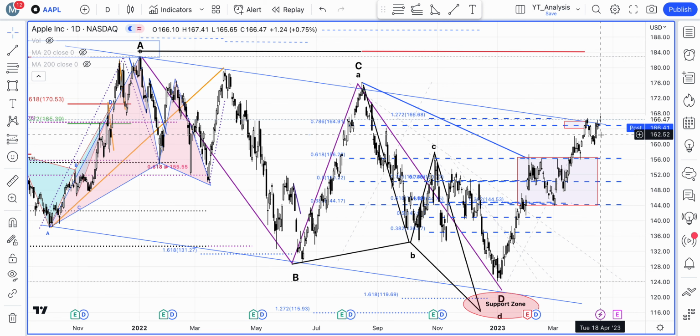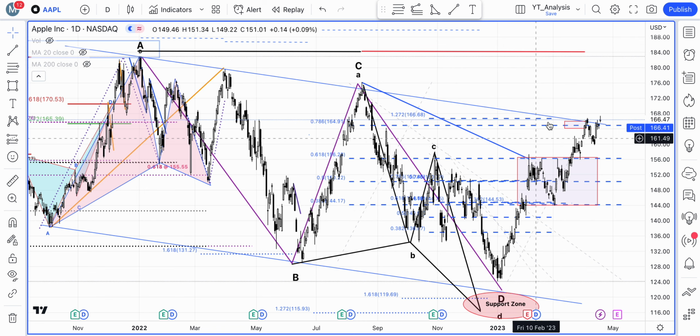The high reached was $167.41. However, it closed at $166.47. Still quite strong. So perhaps it could be a double top formation here? We don't know. We have to wait and see for further price confirmation.